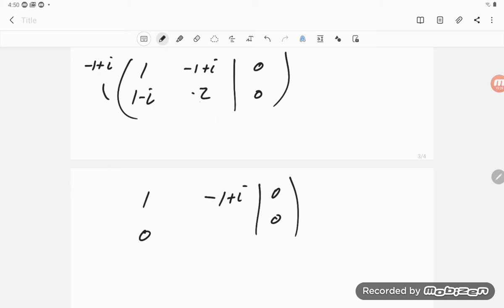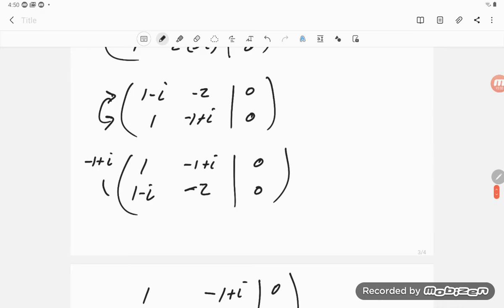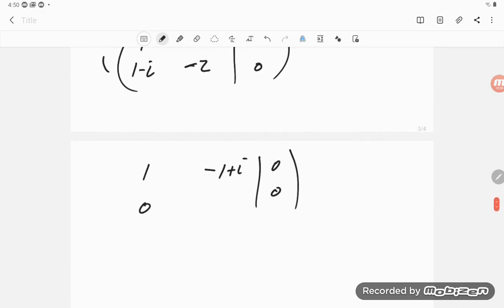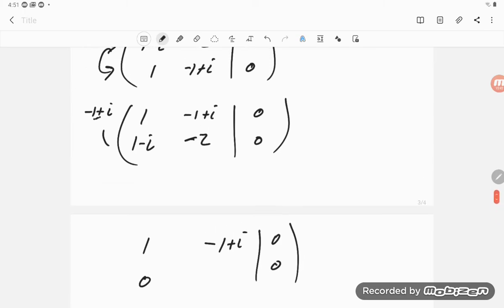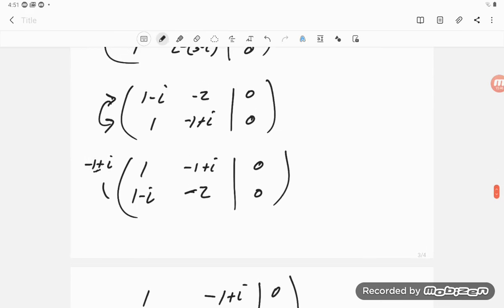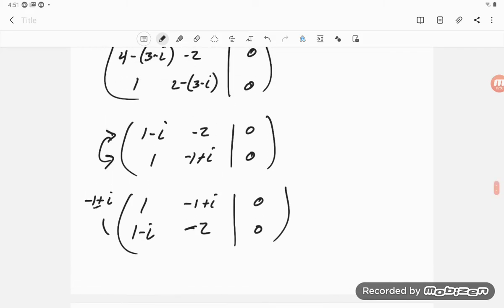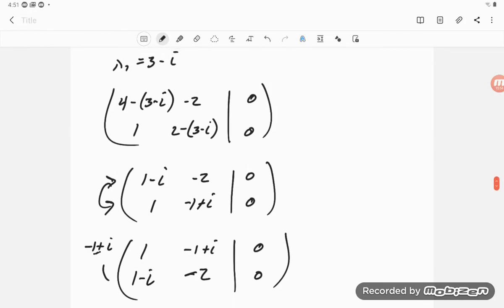Now, that was a negative 2. Now, I need to multiply the negative 1 plus i times, oh, well, I made a mistake somewhere.